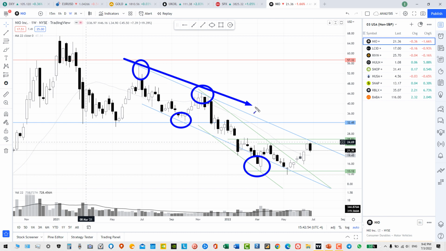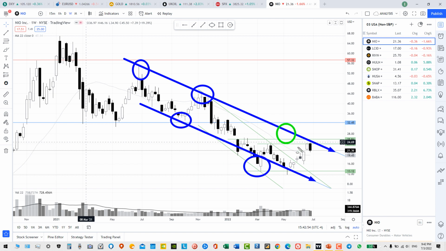And here is the trend line, and here is the channel line. We notice that the stock is still within the downward channel over the long term, although there is a kind of correction over the short term.